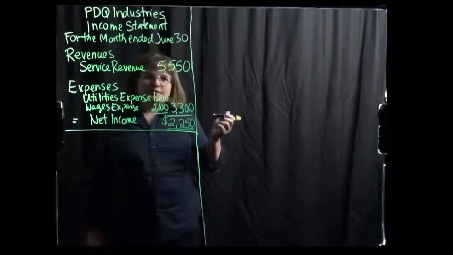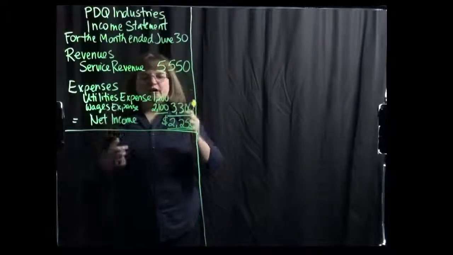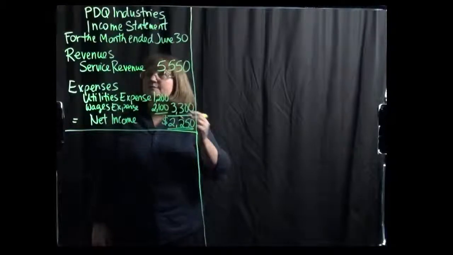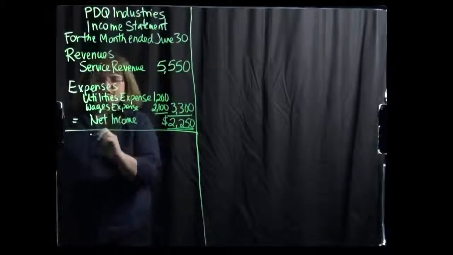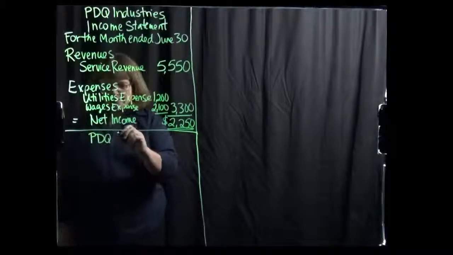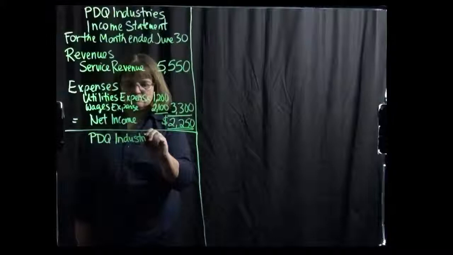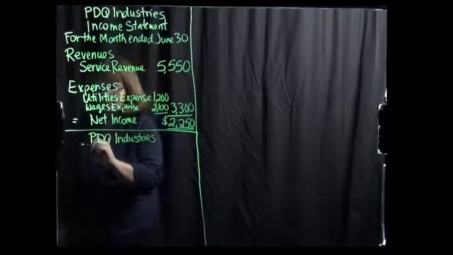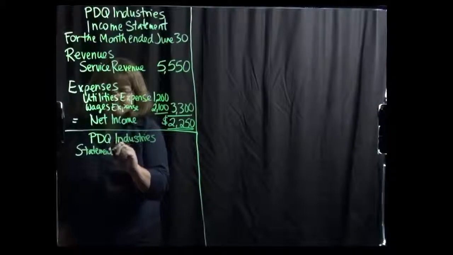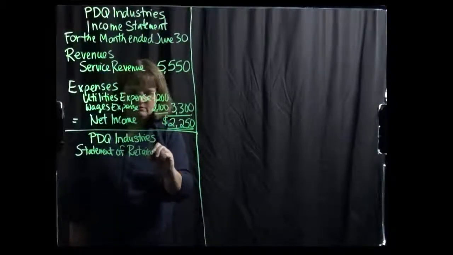The financial statement we make second is the statement of retained earnings. We had to do the income statement first because we need this net income number in order to calculate retained earnings. We'll start our statement of retained earnings by again repeating the company name at the top. And then we'll put statement of retained earnings.